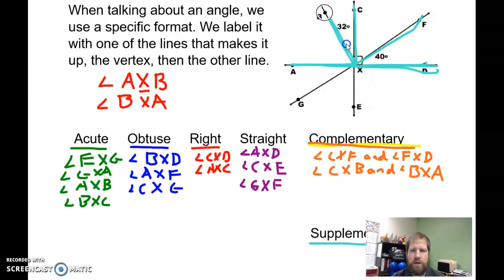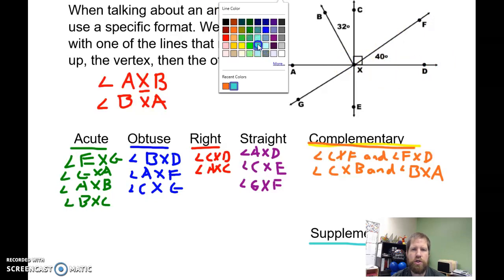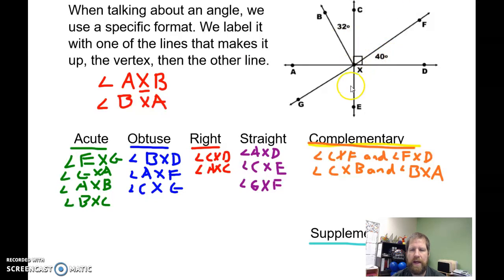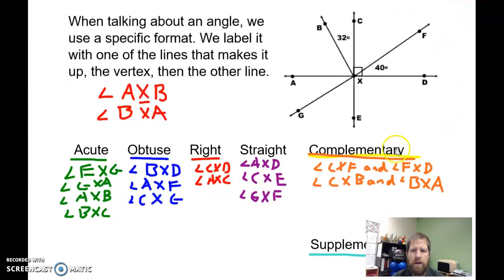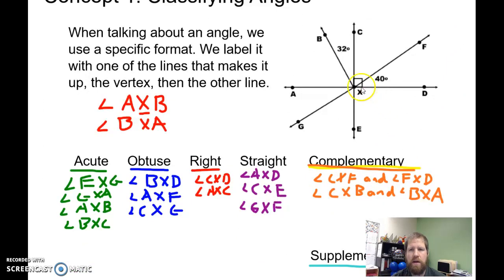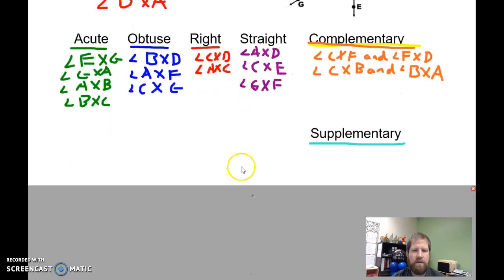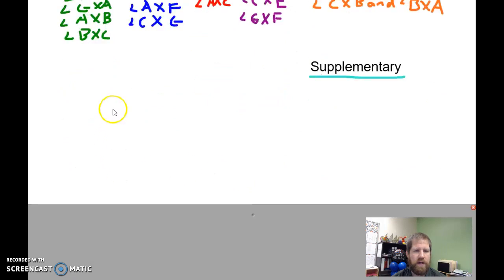All right, you should see again, like we talked about earlier, that with complementary or supplementary angles, they're always going to share a line, right? They're always going to be adjacent angles. Okay. Well, I shouldn't say that. If you have a diagram like this, they will always be adjacent angles. But say I have an angle over here that is 60 degrees.